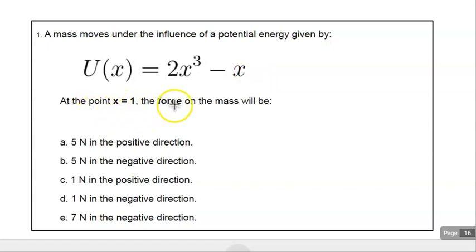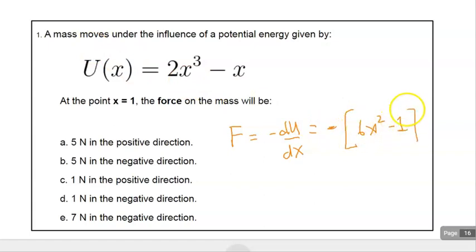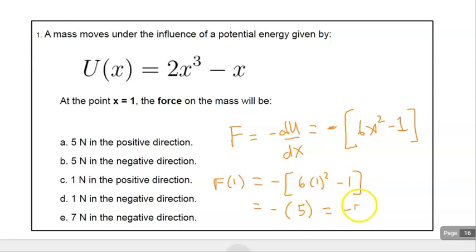At the point x equals 1, to find the force, you take negative dU/dx, so that's going to be negative 6x squared minus 1. Then you just want to know what that is at 1. So don't drop the minus sign. It's going to be minus 6 times 1 squared minus 1 equals minus 6 minus 1, which is minus 7?. So it's 5 newtons in the negative direction.